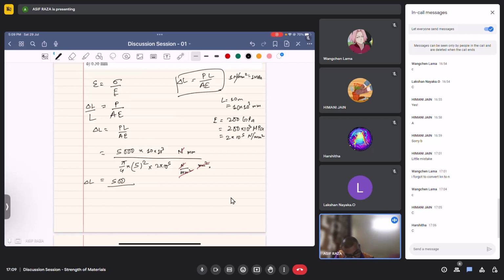So this should get cancelled out. 5 by 4, 25 into 2 mm. Let's solve it: 500 into 4 divided by 5 and divided by 50. It's 12.73 mm.